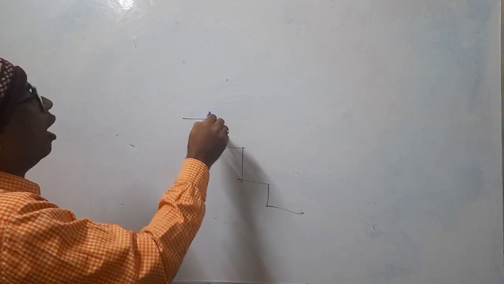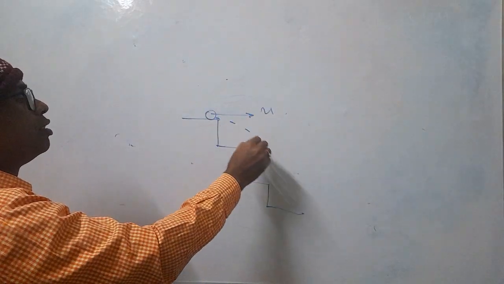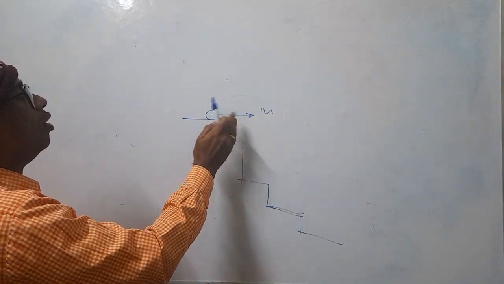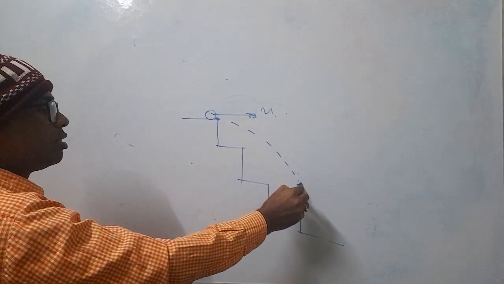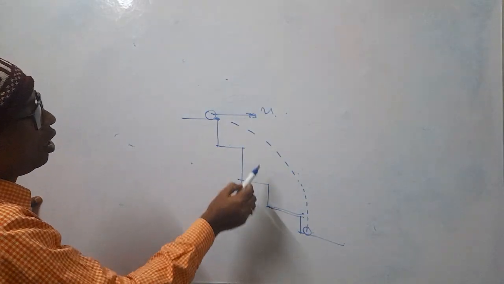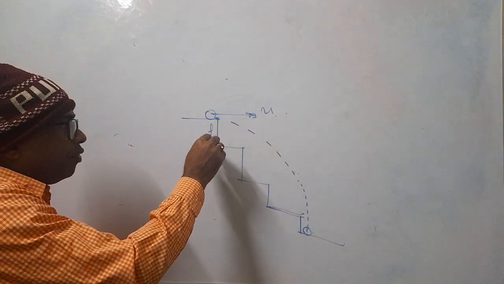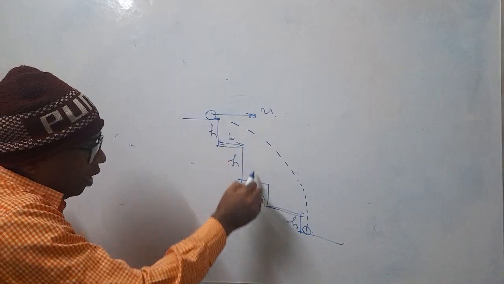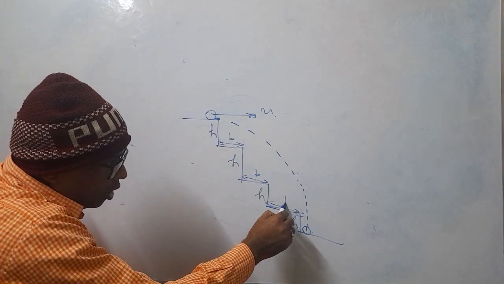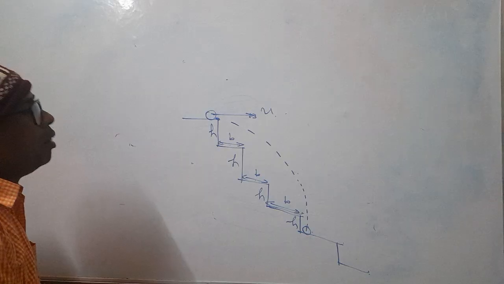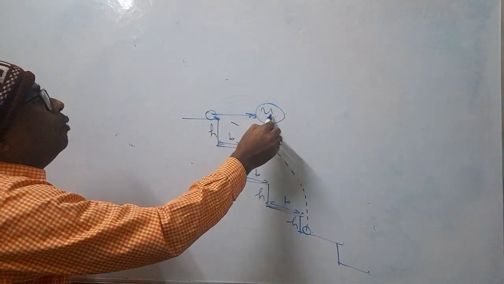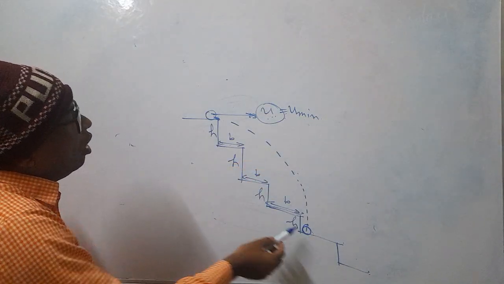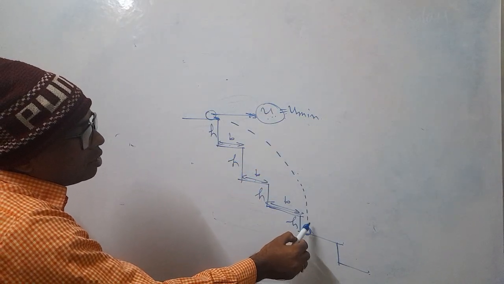If you throw this stone here and it lands on the 1, 2, 3, 4, fourth step, every step height is h and the breadth of every step is b. If you throw with u minimum, it will land on the fourth step just grazing the surface.